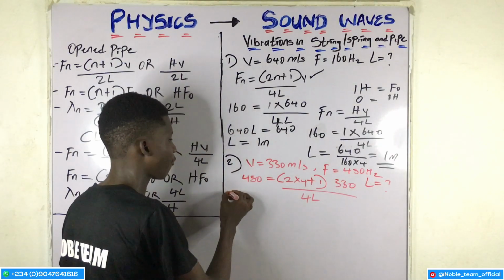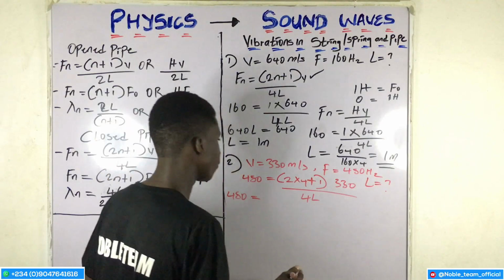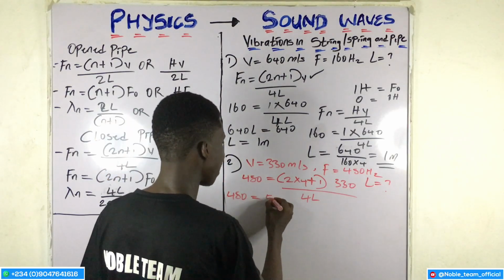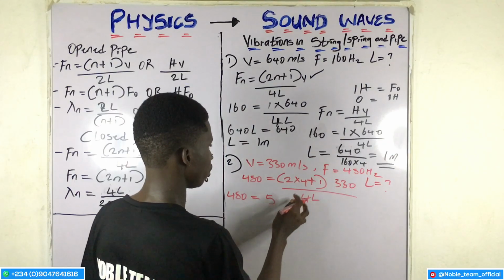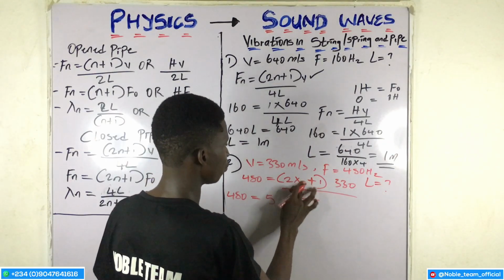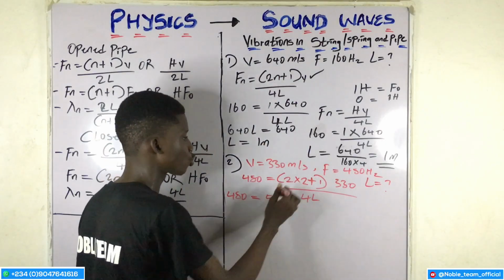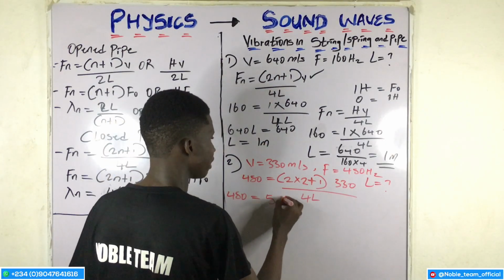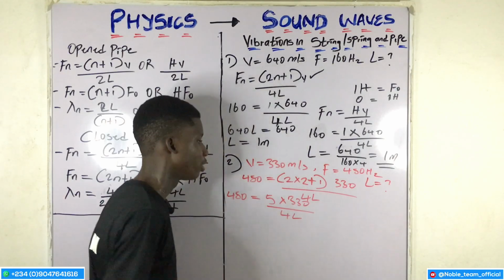So this is like saying that 450 is equal to 5, 4 times, is it 4 times 2? No, this is 2, because my over 2 is 2. So 2 times 2 is 4, which is 5 times 330 divided by 4L. Okay, good.